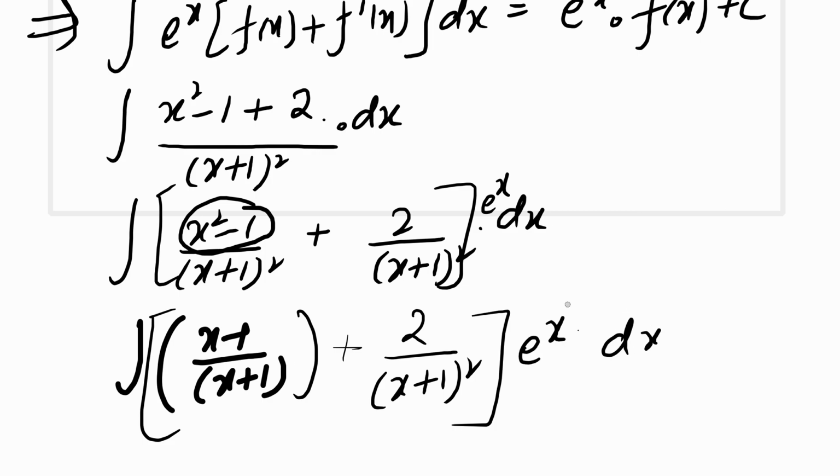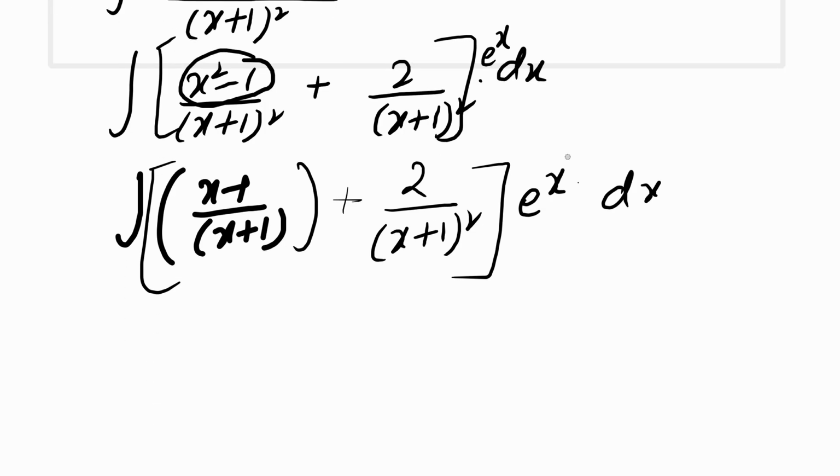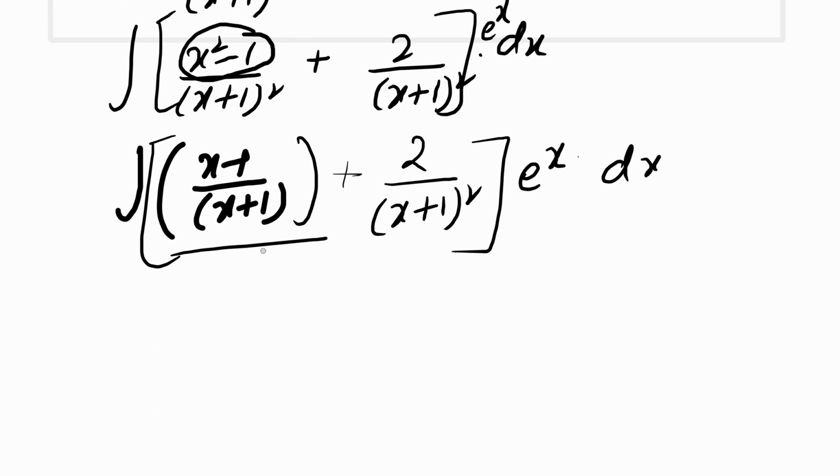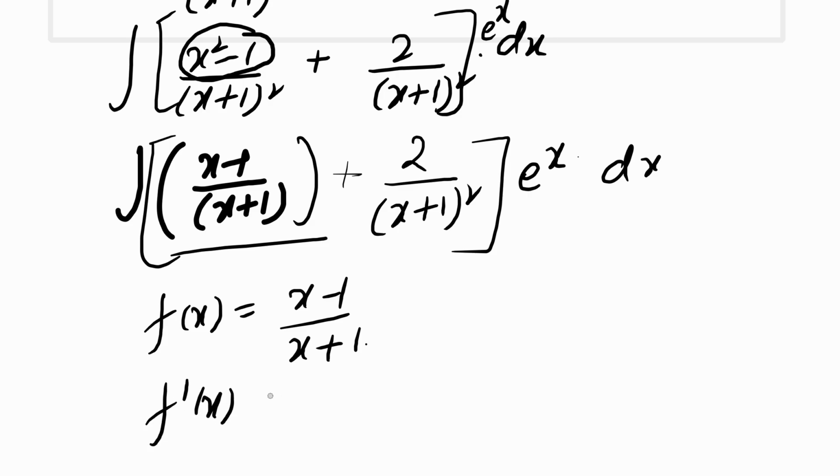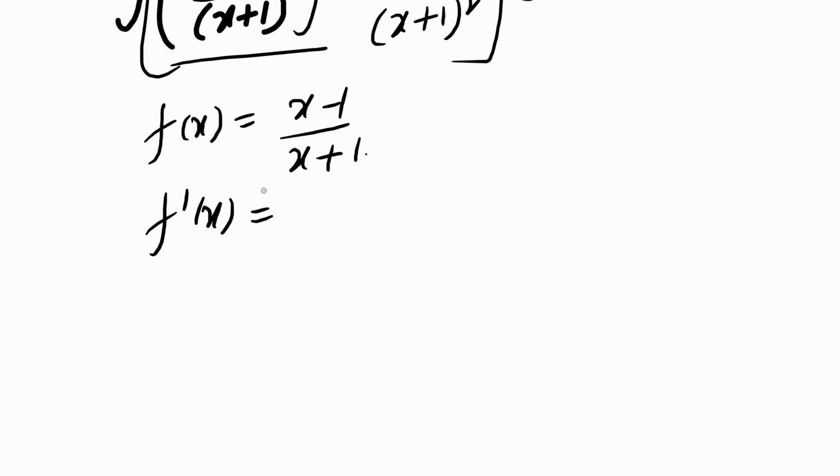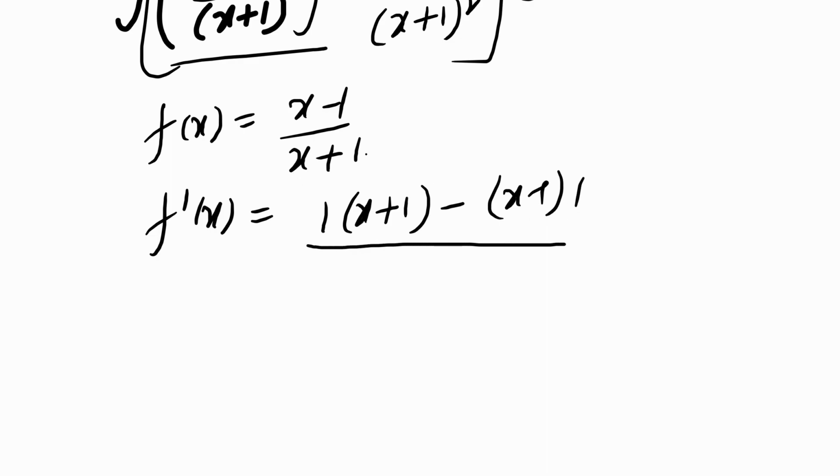Now you should have the foresight to look over here that if I take fx is equal to x minus 1 upon x plus 1, and I differentiate it, that is f dash x. I will use the quotient rule over here. I will get 1 times (x plus 1) minus (x minus 1), and there I will get 1 upon (x plus 1) whole square.